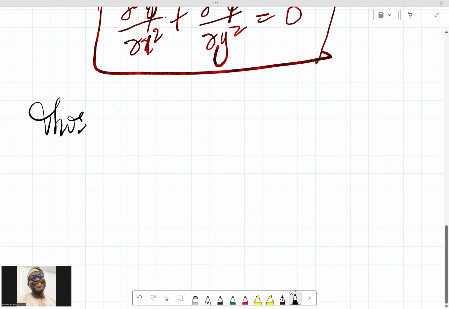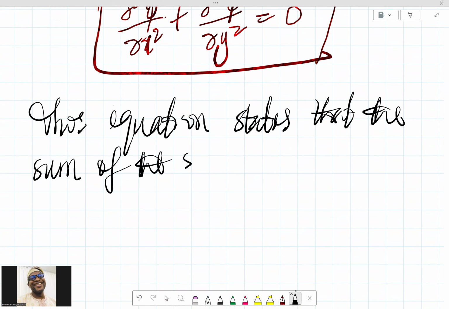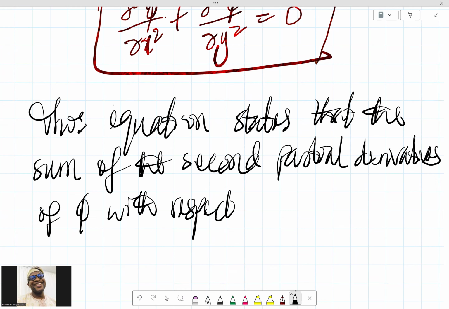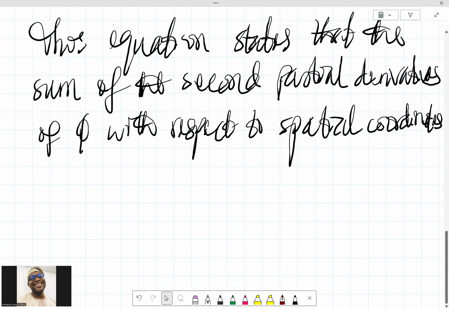This equation states that the sum of the second partial derivatives of phi with respect to spatial coordinates x and y must be 0.